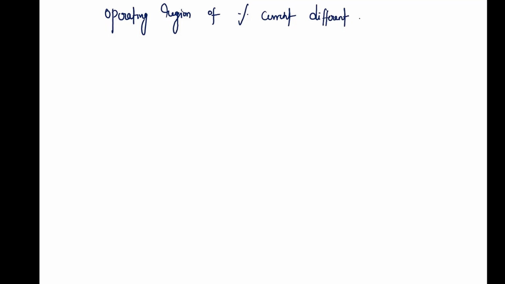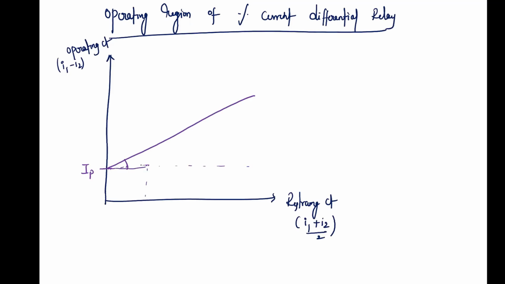If you plot the characteristics, the slope is K. So the relay will operate in this region, depending upon the slope value. This is the operating region above this line.